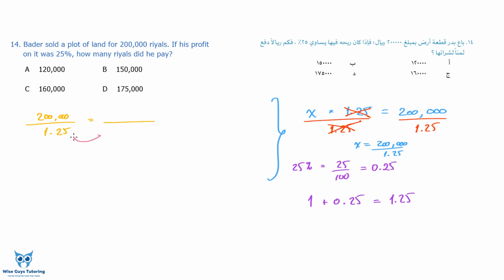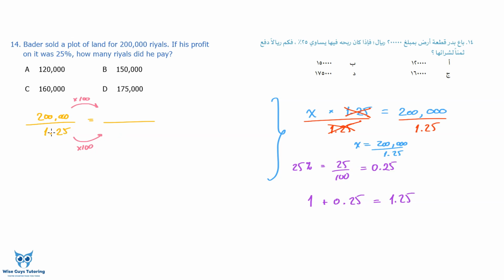Since it has 2 decimal places, I'm going to multiply it by 100. And to keep the value of this fraction the same, I just have to multiply the top by the exact same thing. As long as you're multiplying or dividing the top and the bottom of a fraction by the same amount, they end up being exactly the same.